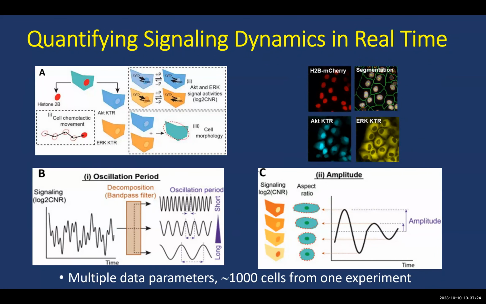In panel A, we're measuring the kinase that I talked about, AKT, as well as others, and we're going to measure the dynamics of signaling by those pathways over time in single cells. We're going to look at changes in cell morphology, because those are very critical in understanding processes associated with invasion and migration. We have automated image analysis software to be able to track all this information.